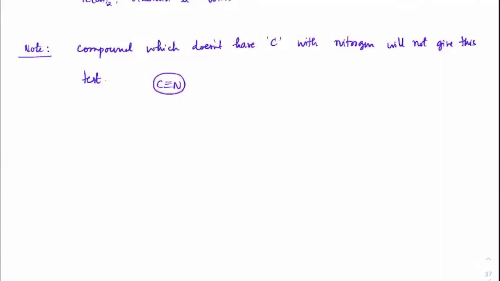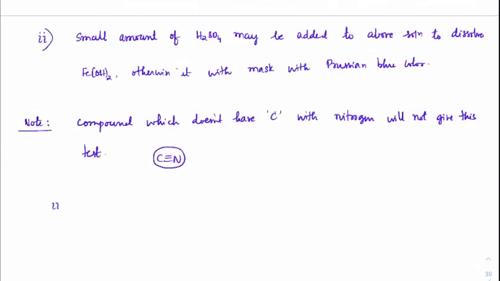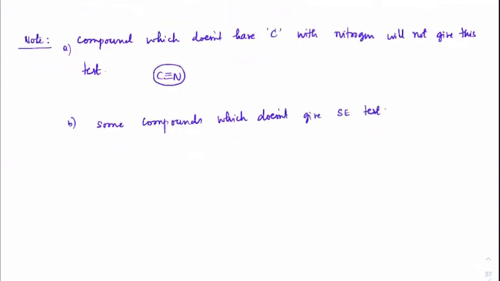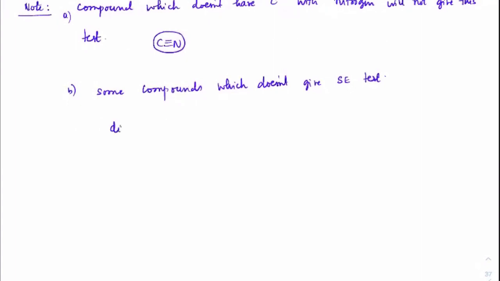This is note A and note B: some compounds which do not give the sodium extract test are diazonium salts and azo compounds. Diazonium salts and azo compounds.